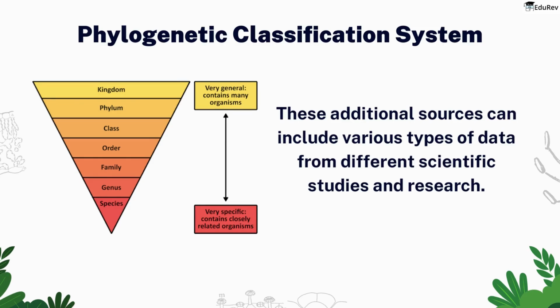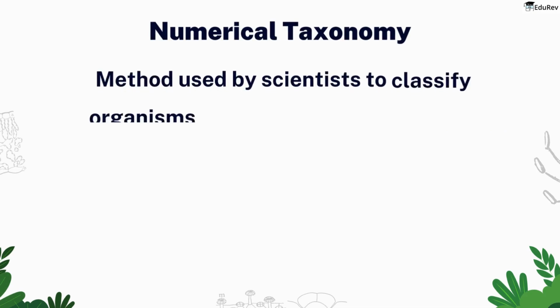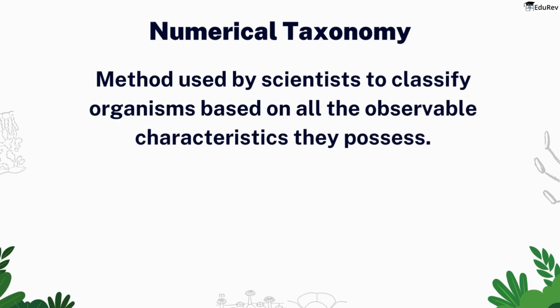After phylogenetic classification, scientists also use other methods of classification, which includes numerical taxonomy. Numerical taxonomy is a method used by scientists to classify organisms based on all the observable characteristics they possess. With the help of computers, this process has become much easier and efficient.